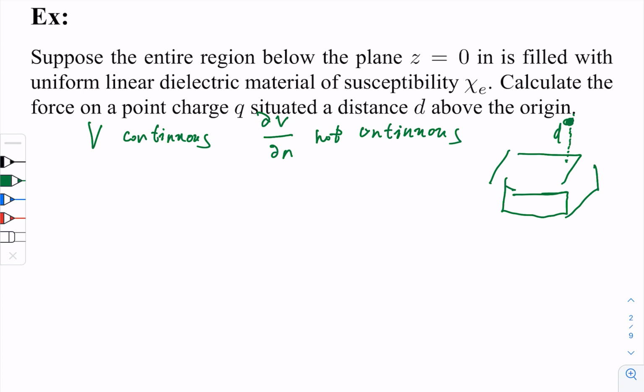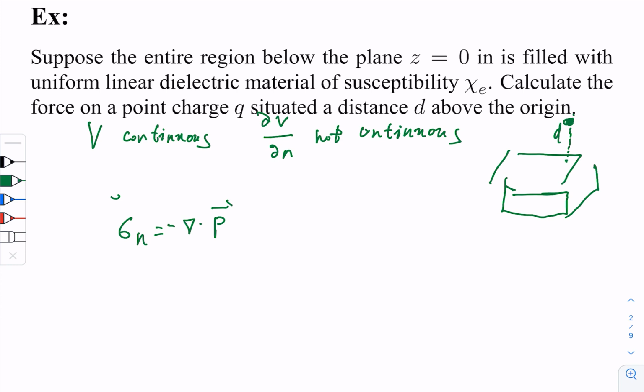And in the last lecture, we discussed that the bound charge can be defined from the polarization.